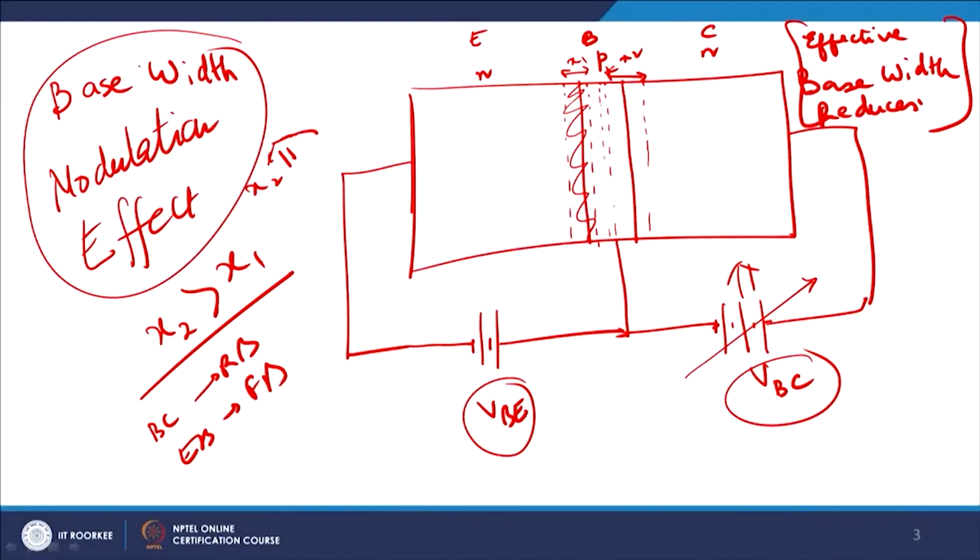So, we make a small change in our understanding: as a second order effect, if the base width is very small and we vary our VCB to a larger extent, we would expect a large change in the effective base width, which will result in a large change in the output current. This is what we have understood as far as this course is concerned.